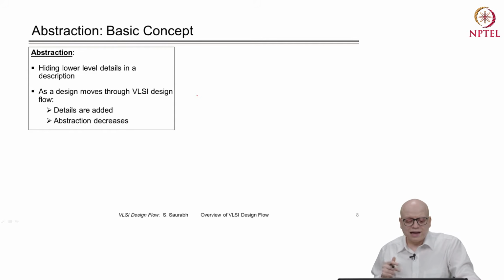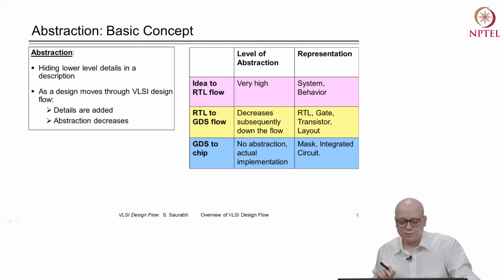As the design moves through VLSI design flow, details go on adding in the design, and as a result abstraction decreases. Why does abstraction decrease? Because abstraction means hiding lower level details and keeping only the thing which is required at the top level, right? So, as design moves through the VLSI design flow, more details are added and abstraction decreases.